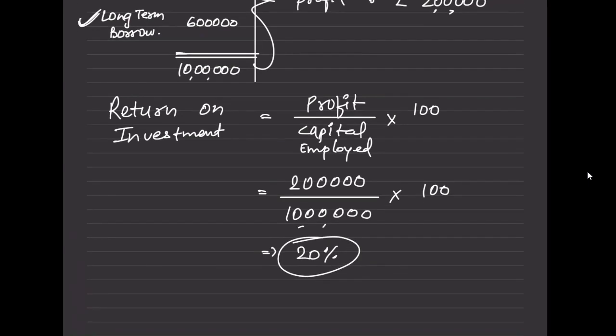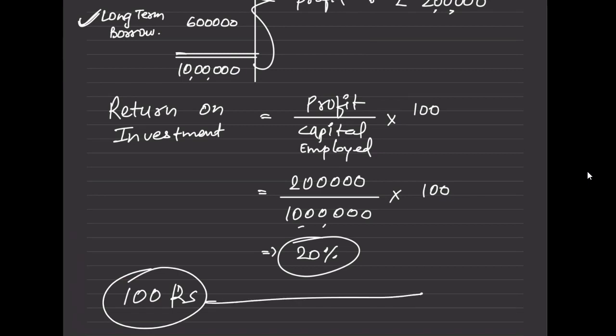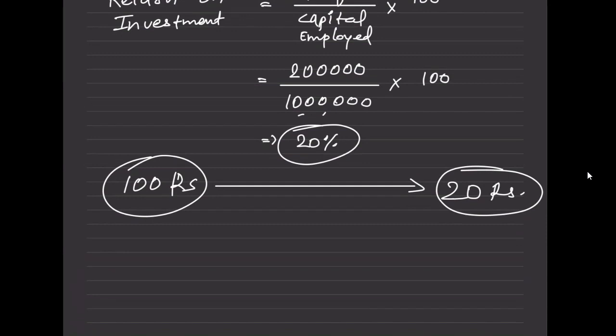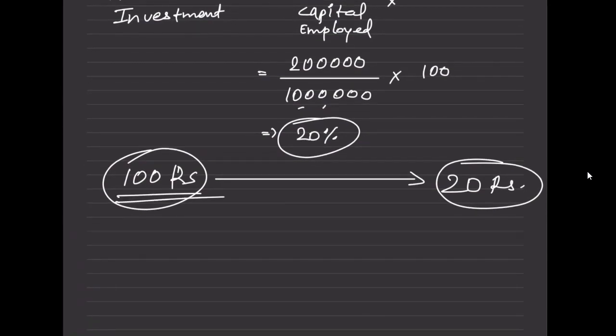That means if I invest 100 rupees in the business, out of that 100 rupees, I am getting 20 rupees as a return from this business every year, my friend. Out of that 100 rupees invested, I am earning a profit per annum of rupees 20.